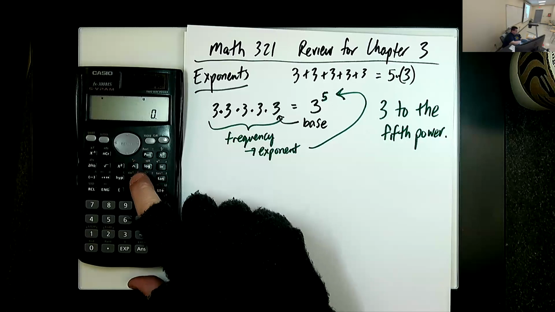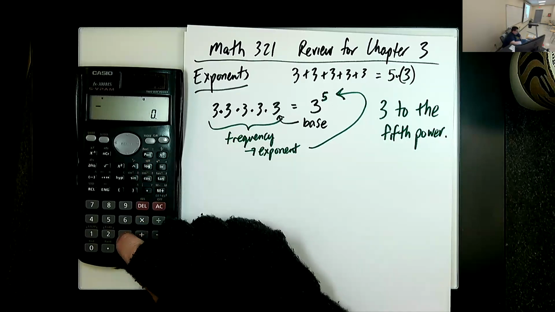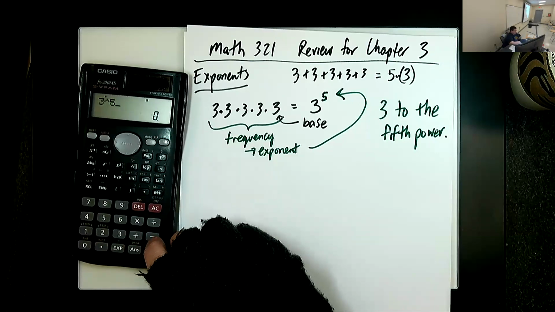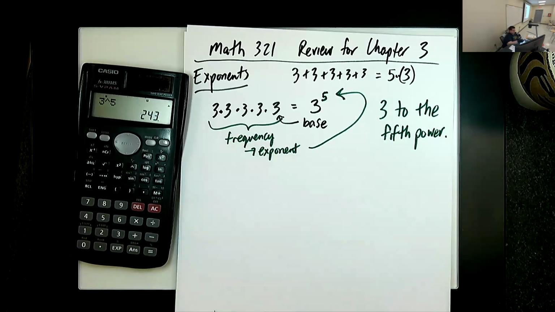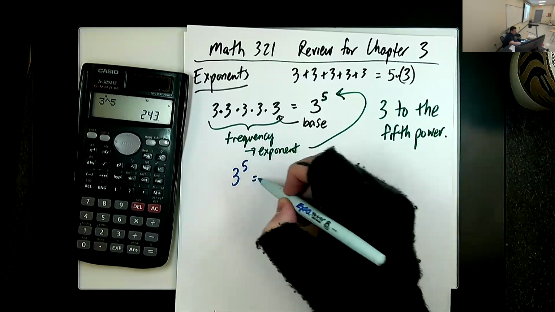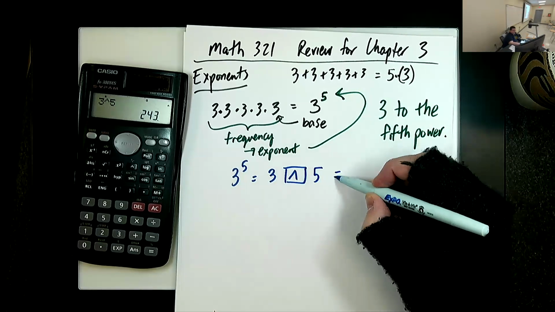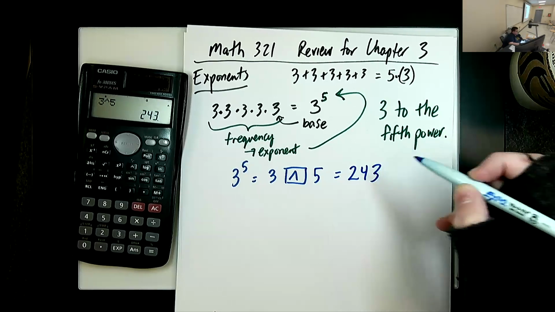So if I want to do 3 to the 5th power, I can do 3 caret 5. And it gives me the answer. 3 to the 5th power in the calculator is 3 caret 5, which is 243.